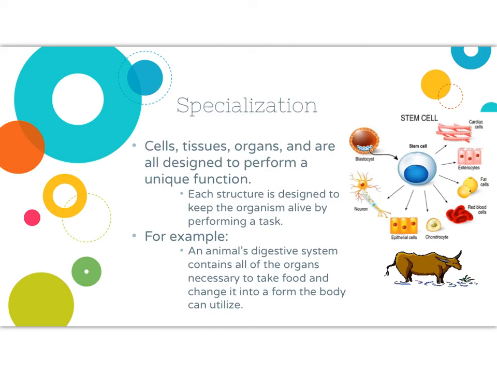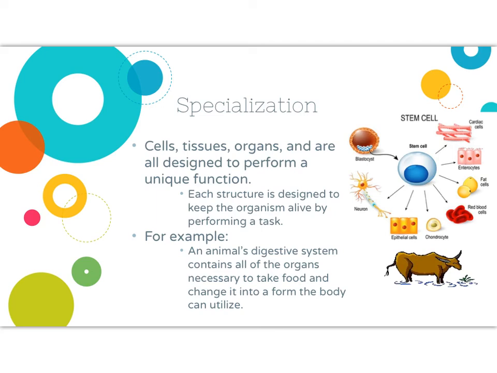Specialization. Cells, tissues, organs are all designed to perform a unique function. Each structure is designed to keep the organism alive by performing a specific task. We can see here a stem cell is the starting block for a bunch of different cells in our body, and these are all designed to perform a unique function.